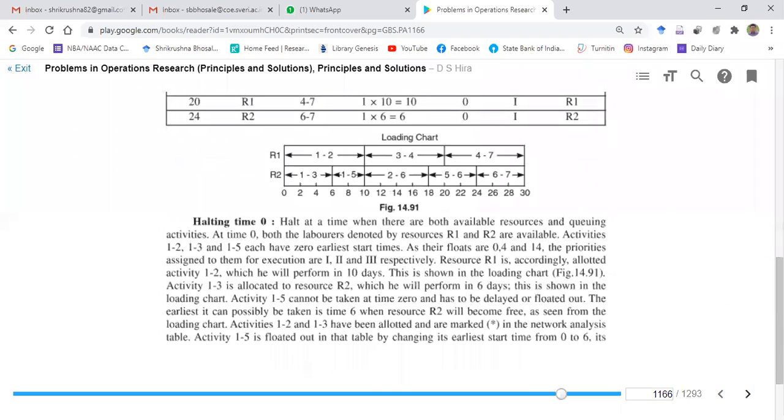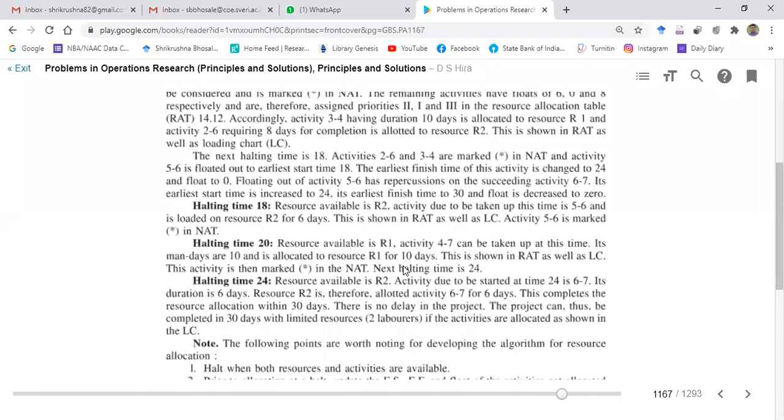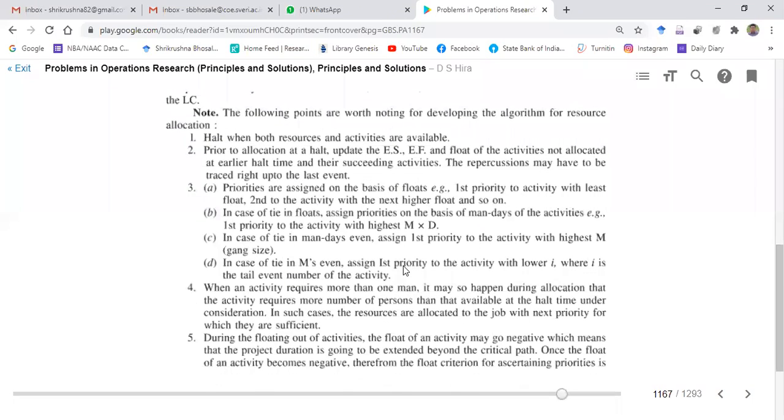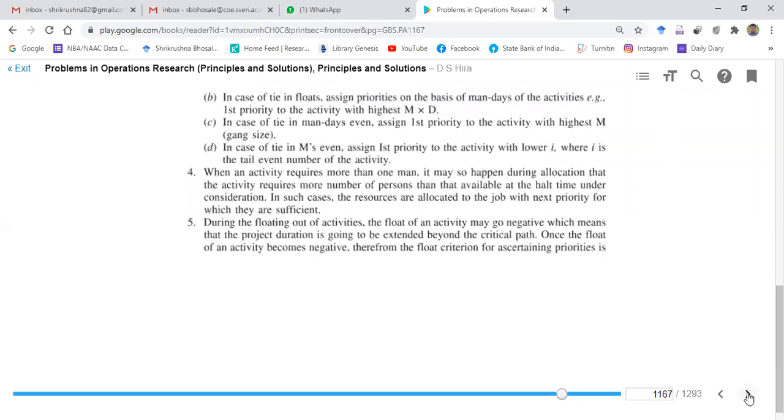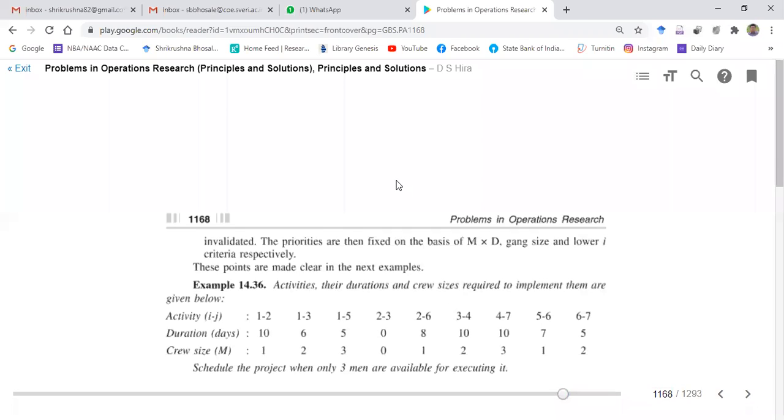Then our today's task is there. If only one particular laborer is required, then this is one type of example.